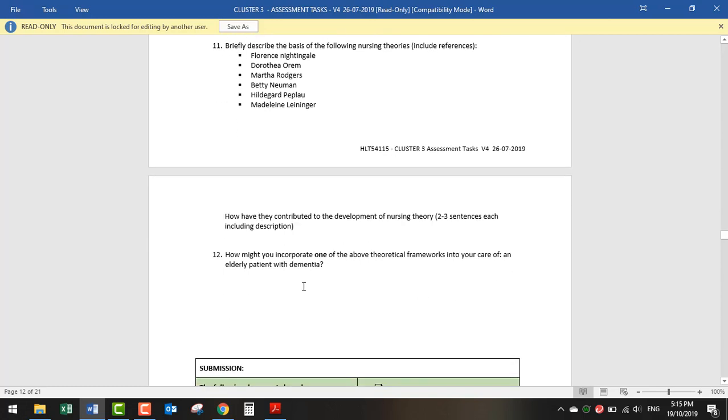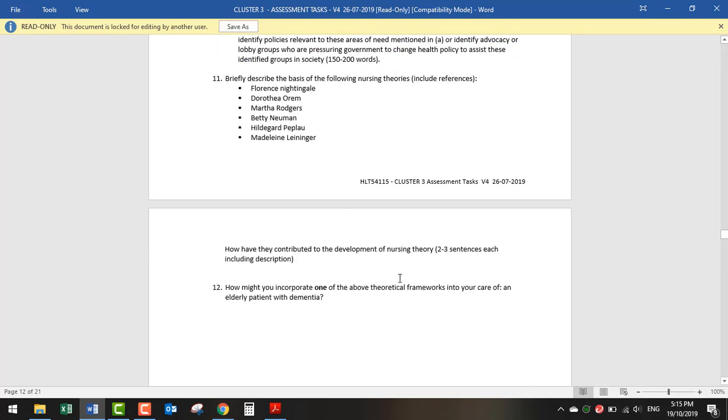And question 12, how might you incorporate one of the above theoretical frameworks into your care of an elderly patient with dementia? So we've started to learn about the needs of a patient with dementia. So what we want you to do is just pick one of these theories, and you might say, I really like the way Dorothea Orem has looked at the way you might care for people, and applying her nursing theory to an elderly patient who has dementia.